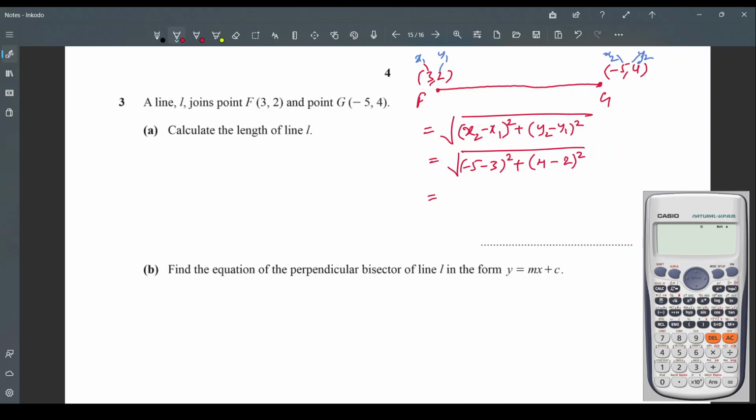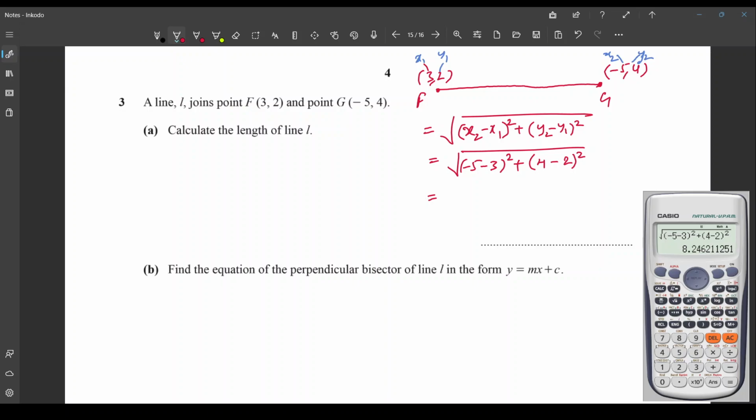If I use my calculator to solve this, I'll enter (-5 minus 3) whole square plus (4 minus 2) whole square.